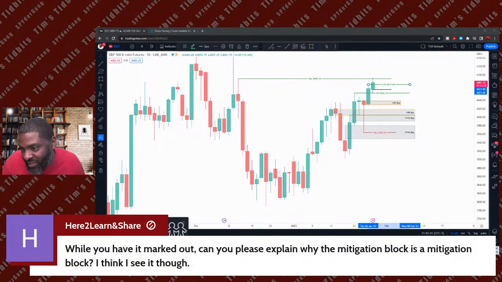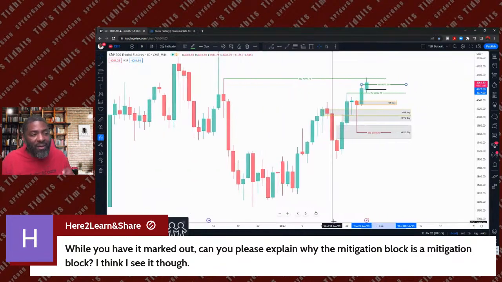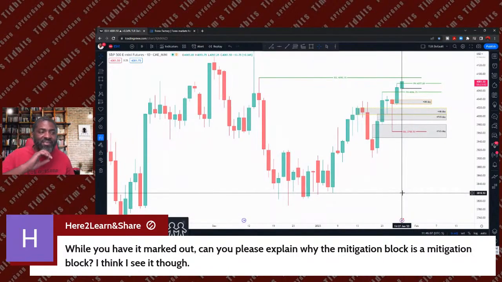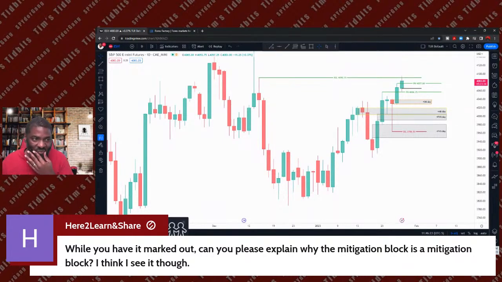Why do you have it marked out? Can you please explain why the mitigation block is a mitigation block? Okay. Remember with mitigation blocks and breakers, the one distinct difference is that the breaker, the high or the low breaks the prior high or low, right?